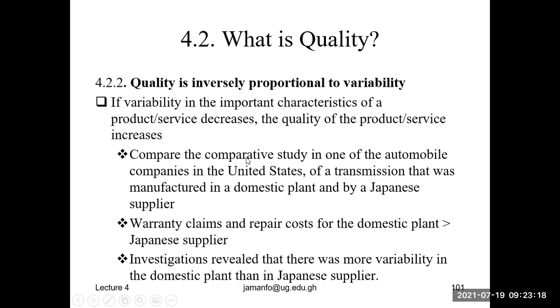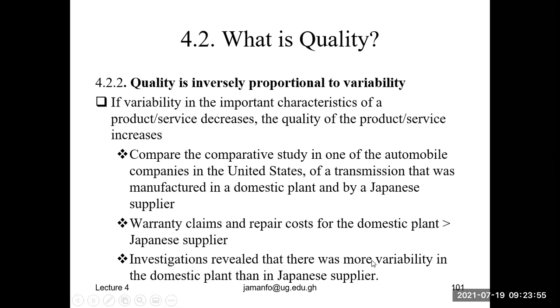Now consider a comparative study in one of the automobile companies in the United States of a transmission that was manufactured in a domestic plant and by a Japanese supplier. Warranty claims and repair costs for the domestic plants were greater compared to those of the Japanese supplier, which means variability in the domestic plant was higher than in the one supplied from the Japanese supplier.